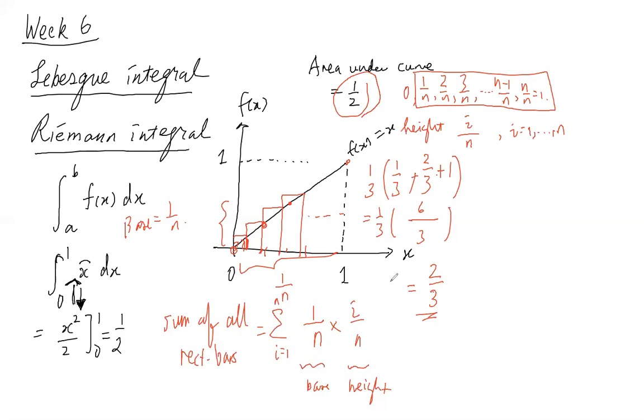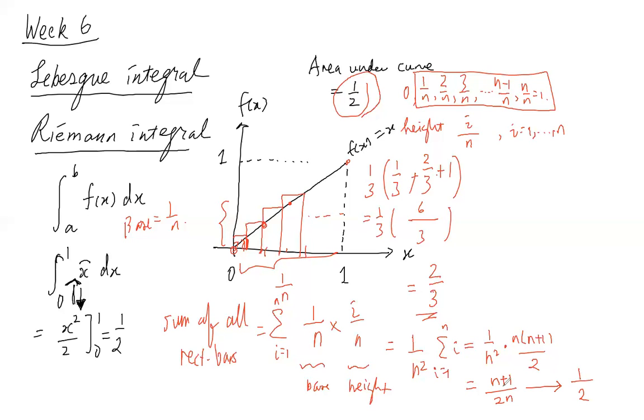So basically you have 1 over n squared times the sum of i from 1 to n. This gives you 1 over n squared times n(n+1)/2, which simplifies to (n+1)/2n. And in the limit, this will tend to 1 over 2.